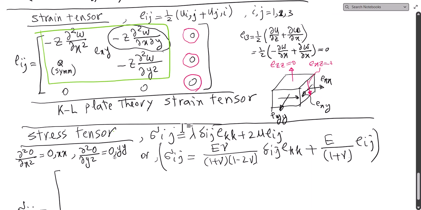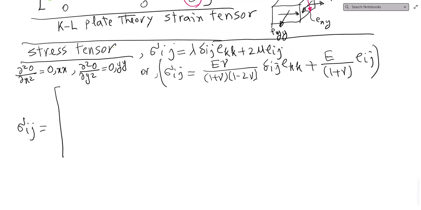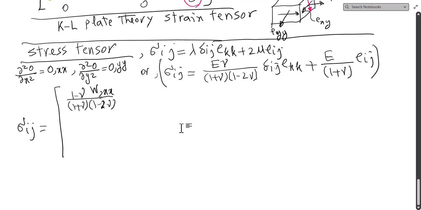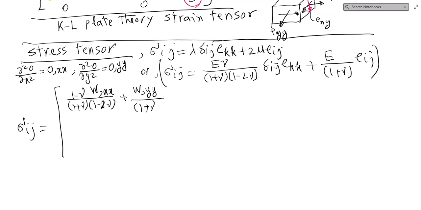If you do that, you will get your normal stress as 1 minus mu divided by 1 plus mu, 1 minus 2 mu, w comma xx, this is d2w dx square, plus w yy, divided by 1 plus mu.